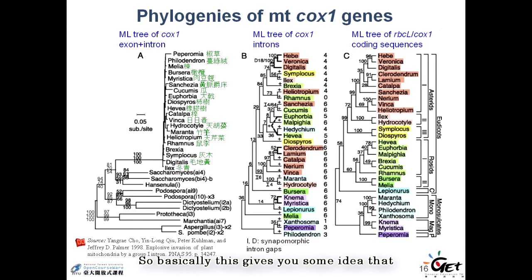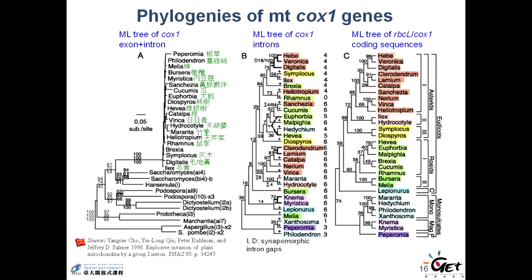This gives you some idea that there's incongruency between the gene tree and the species tree. The best explanation is that something happened between those distantly related species, that there was some transfer.